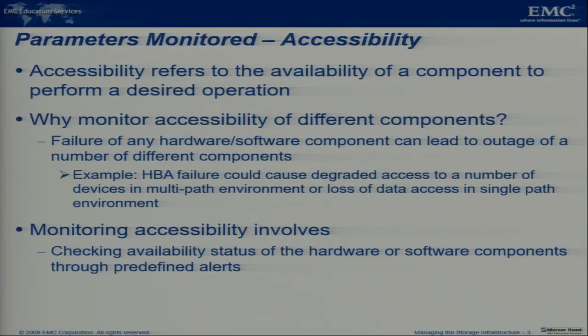So we'll discuss each of those parameters one by one. The first parameter to monitor is called accessibility. What is meant by accessibility? You should be able to access any of those resources at any given time, which means that the host or the node that you are trying to access has to be available all the time so that the resources can be accessed.